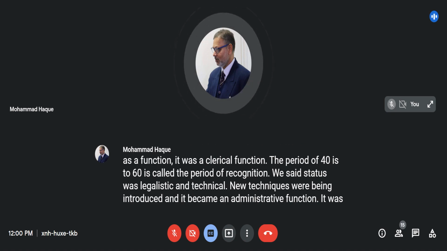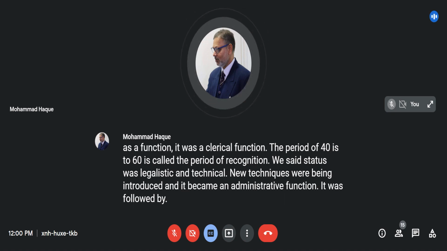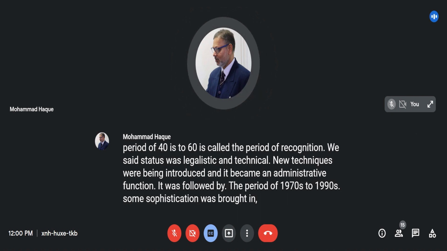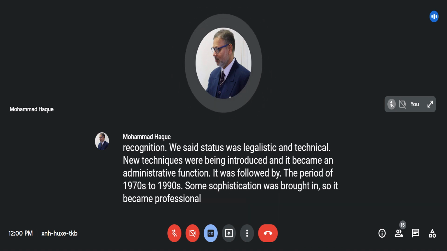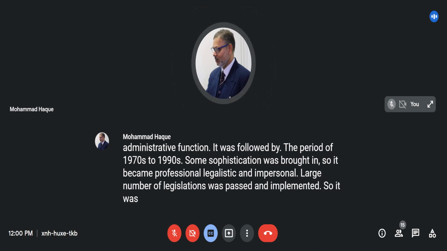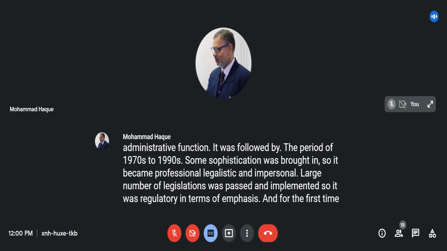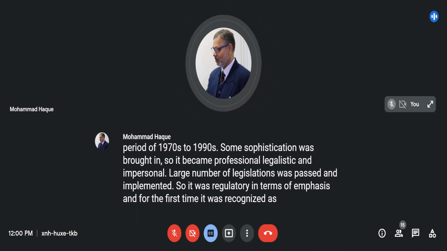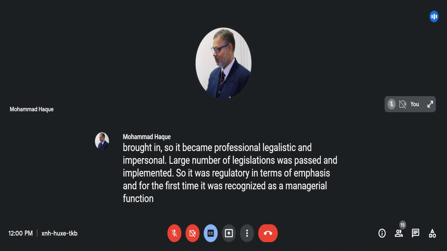It was followed by the period of 1970s to 1990s. Some sophistication was brought in, so it became professional, legalistic, and impersonal. A large number of legislations were passed and implemented, so it was regulatory in terms of emphasis. And for the first time, it was recognized as a managerial function, one of the functions of management.